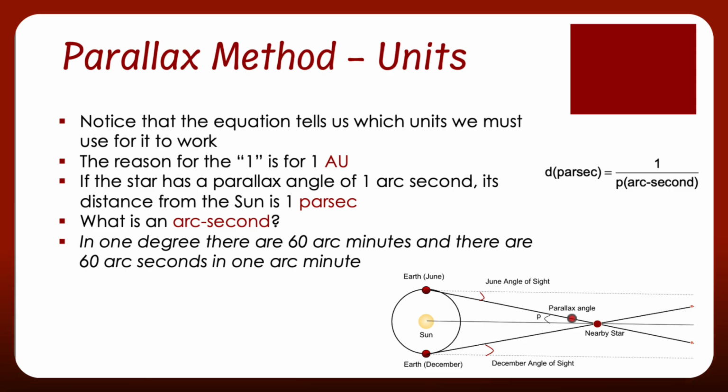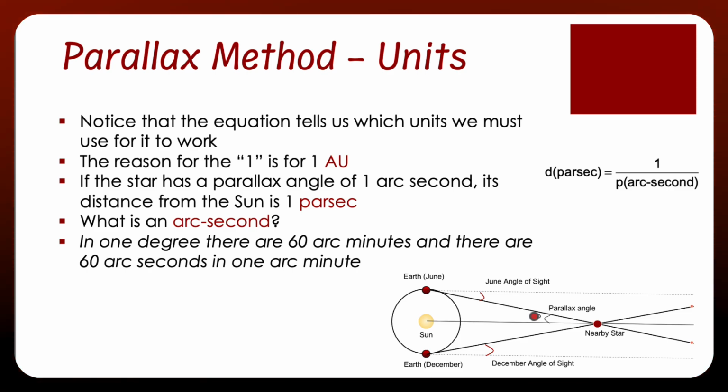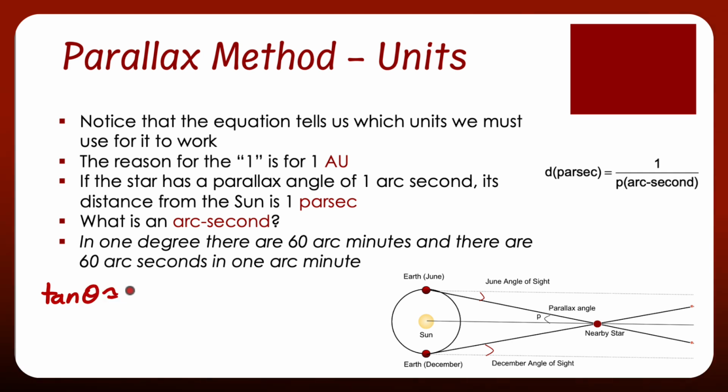Remember I said I had tan theta, which would be opposite over adjacent. So tan theta is basically theta for small angles in radians, and that would be my opposite, which is 1 astronomical unit, over the distance we're looking for.